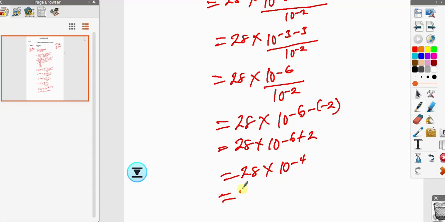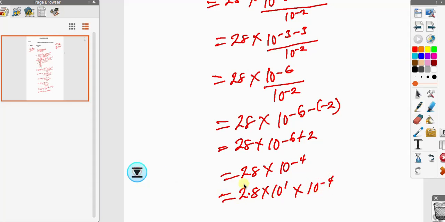Let's now write our 2.8 times 10. You can leave your answer here, but you can still continue. From here now, 2.8 times 10 raised to power 1. When you multiply this, you have this value, multiplied by 10 raised to power minus 4.